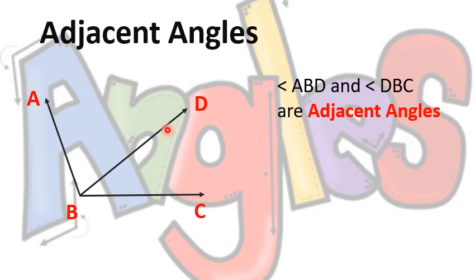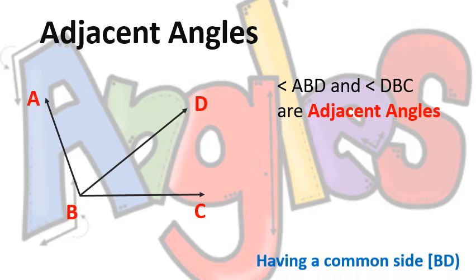Adjacent angles means they have a common side and a common vertex. So, this angle and this angle together, we call them adjacent angles. Why? Because they have a common side and they have a common vertex.